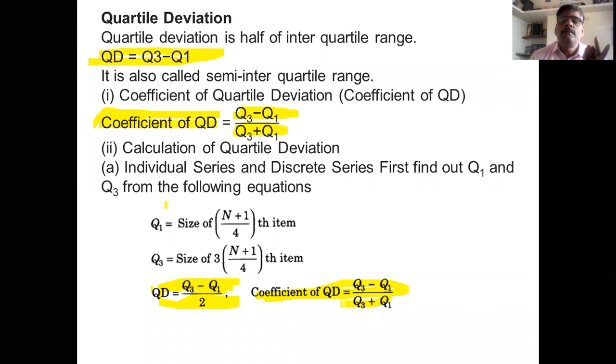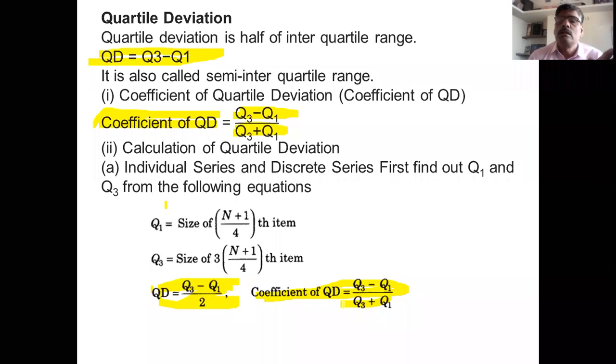If more than frequency is given, how to calculate quartiles. If less than frequencies are given, how to calculate quartiles. These are the 6 different methods for calculating quartiles. You should be perfect in calculating these 6 types of examples.